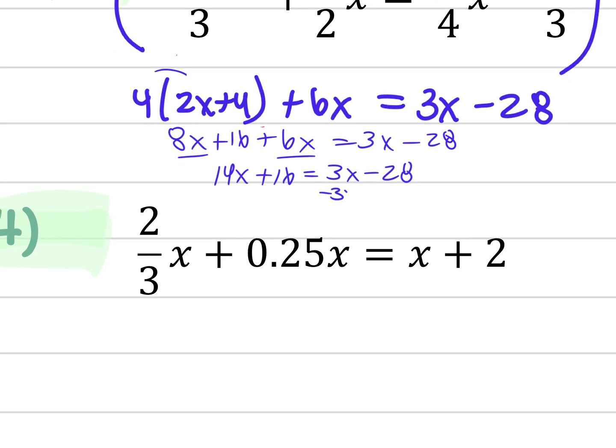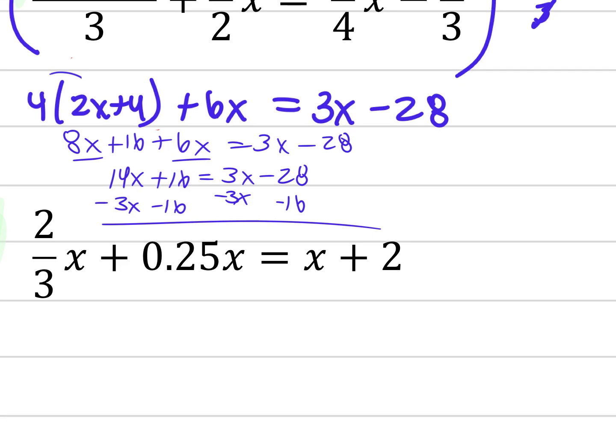Move the x to one side, numbers to the other. So I have 14 minus 3 gives me 11x. What's negative 28 and negative 16? Negative 44, good. Divide both sides by 11, and x equals negative 4, good.